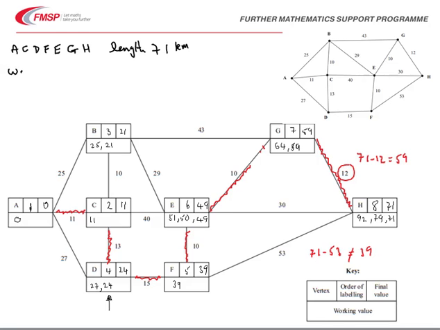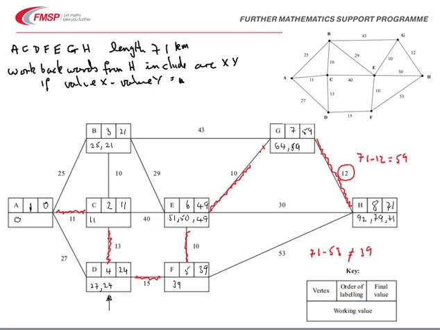So something along the lines of work backwards from H and include arc. We often describe it as a sort of general arc XY if the value of X minus the value of Y is equal to the weight of the arc.